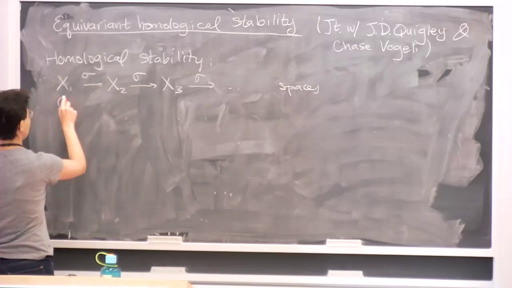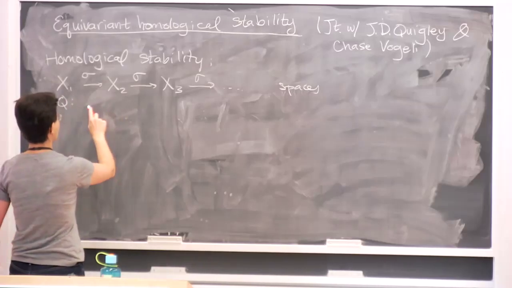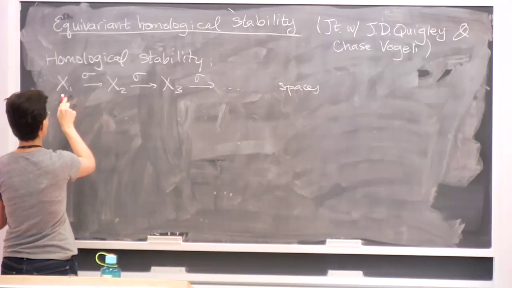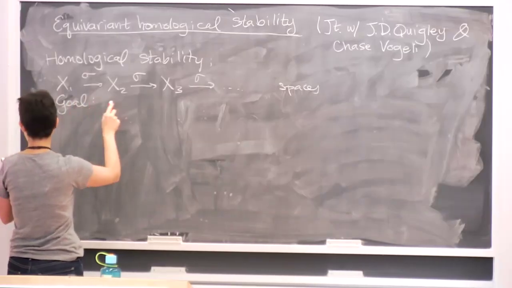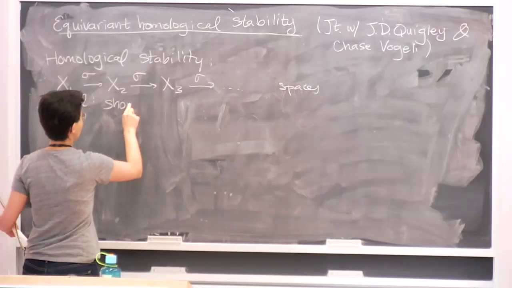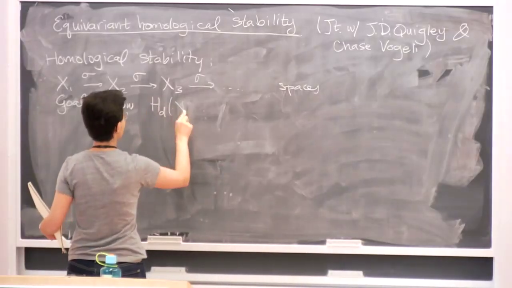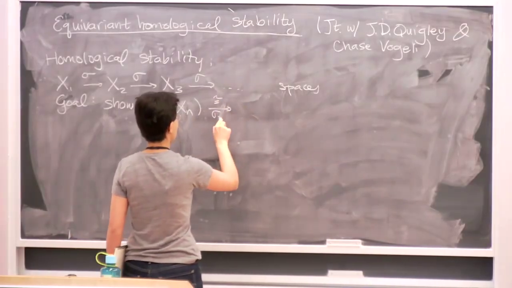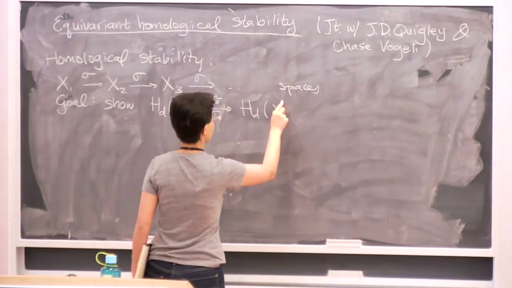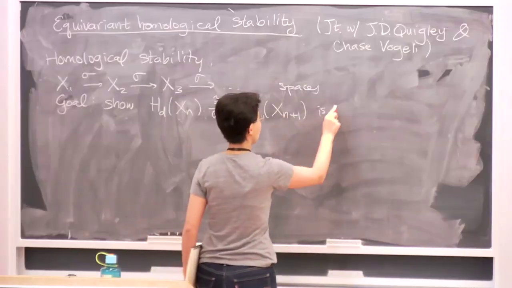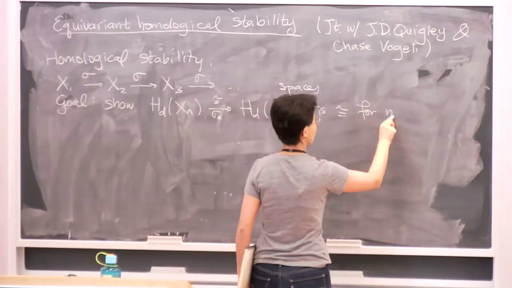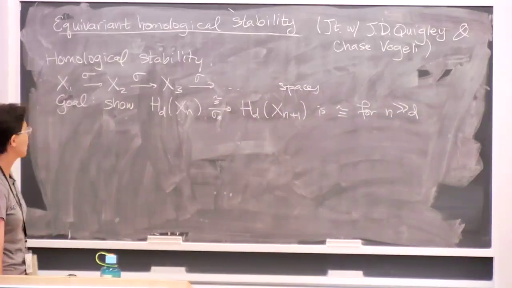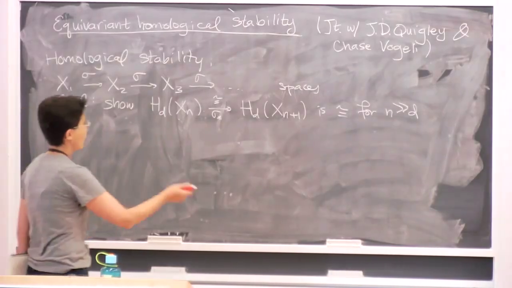The question is, suppose you look at the induced map in homology. The goal is to show that the induced map in homology by sigma star is an isomorphism for n sufficiently large.